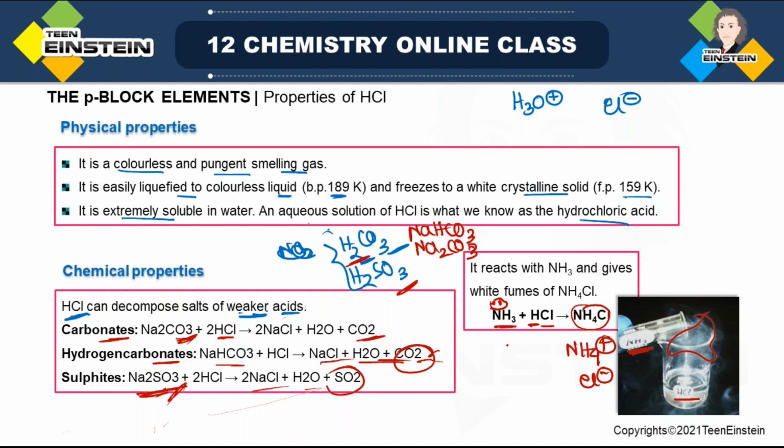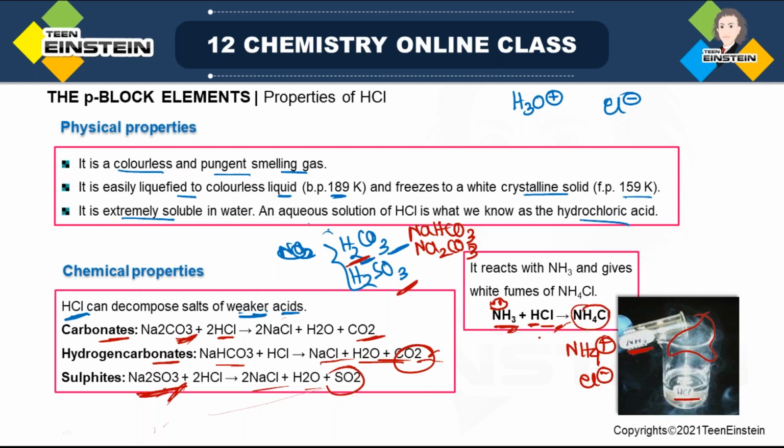So if there is some unknown gas, and you want to prove whether it is ammonia or not, then you can perform this experiment, because this type of fume generation is possible only in the presence of ammonia and HCl. Okay, so any one of these compounds may be unknown.